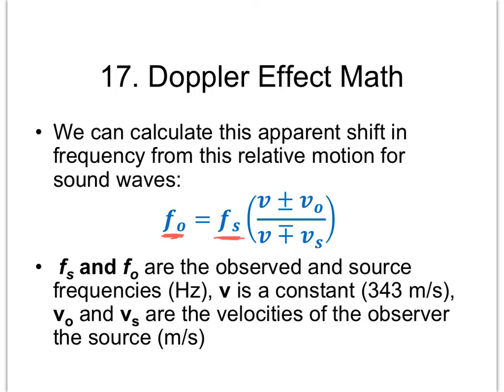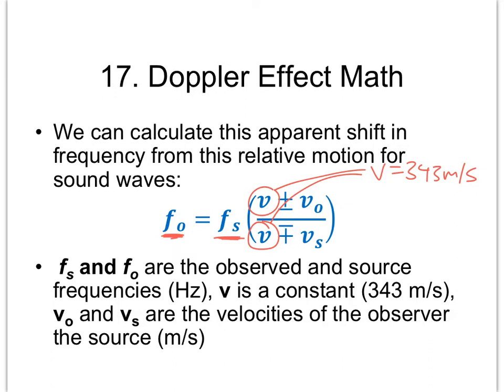And these v's here are a constant. That is the speed of sound in air, which for our purposes we're always using as 343 meters per second. We have talked about how that changes some with changes in the medium, but to simplify it, we're just going to go with 343 meters per second. So that's the v that always doesn't change; that's a constant.